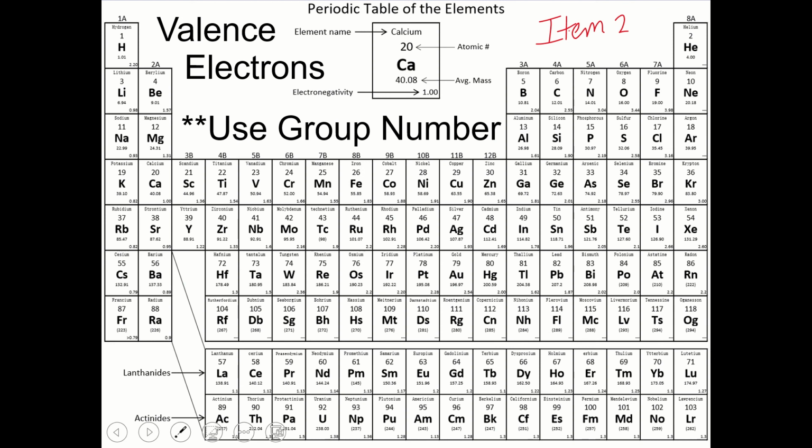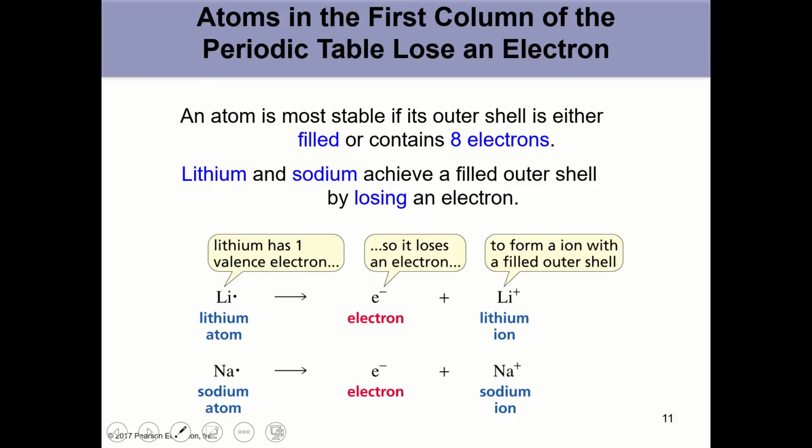So continuing on with our discussion, atoms in the first column of the periodic table tend to lose an electron. So we're talking about formation of ions now. If we're in group 1, we lose an electron. You should all know that formation of cations. If you're on the left side of the periodic table, it's easier to lose 1 electron than it is to gain 7.